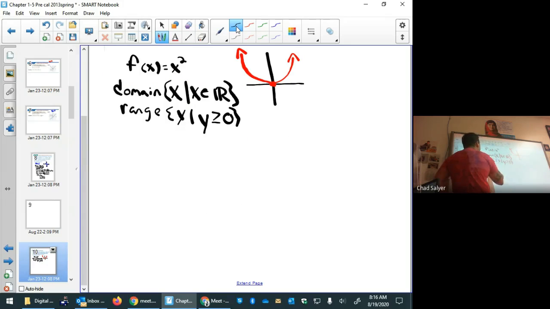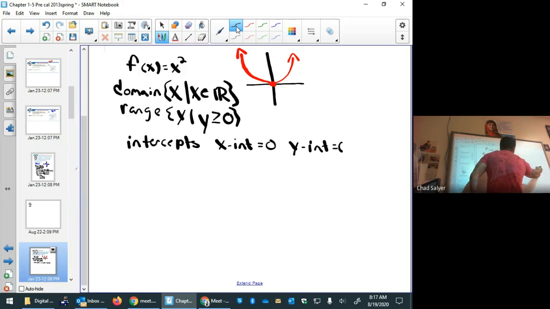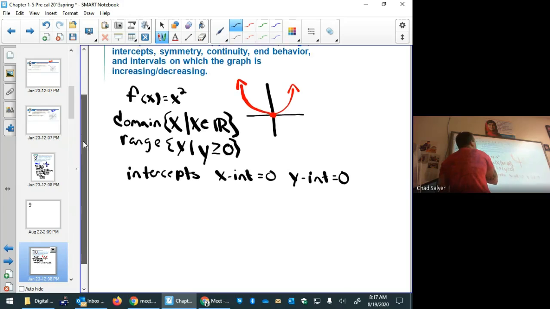Intercepts. So this has an x-intercept at 0 and a y-intercept at 0. Symmetry.